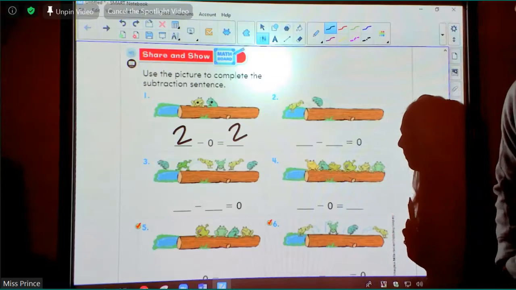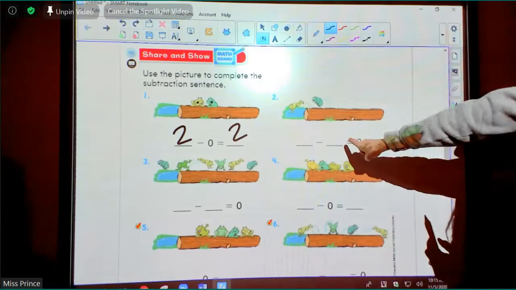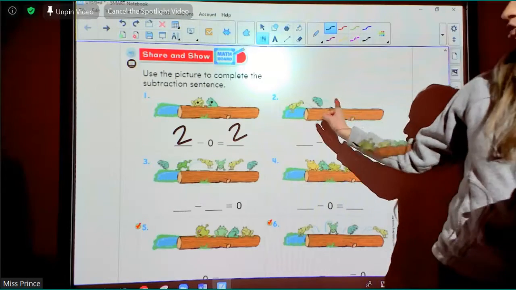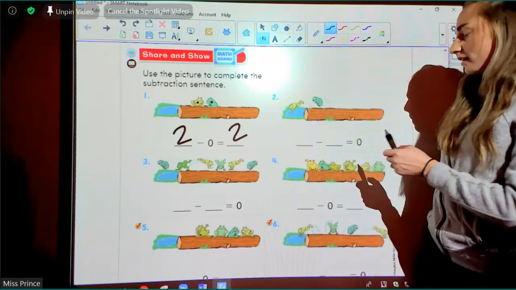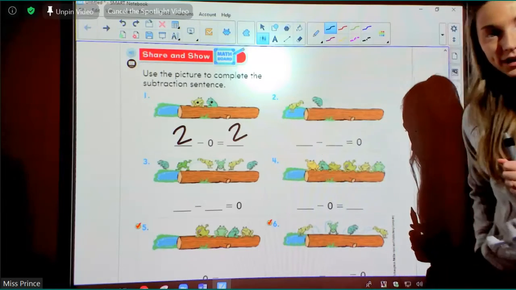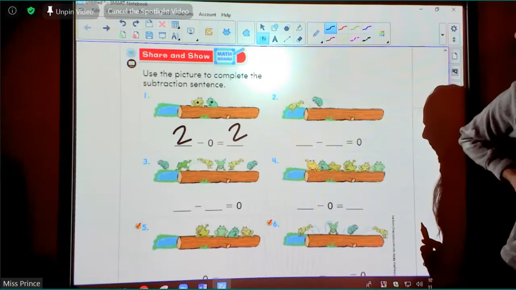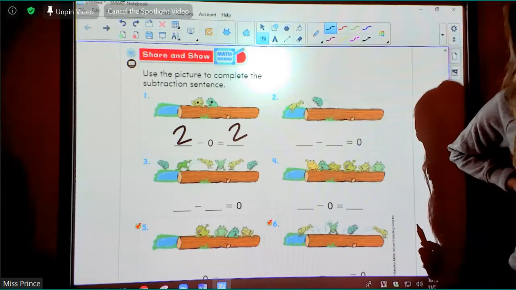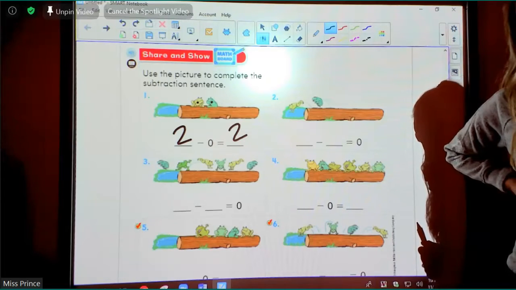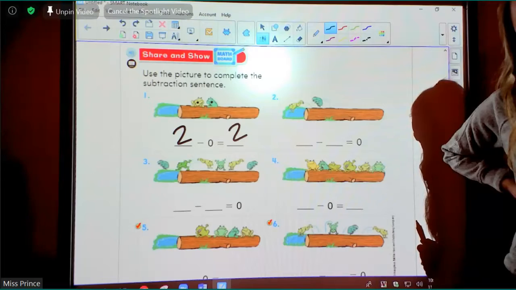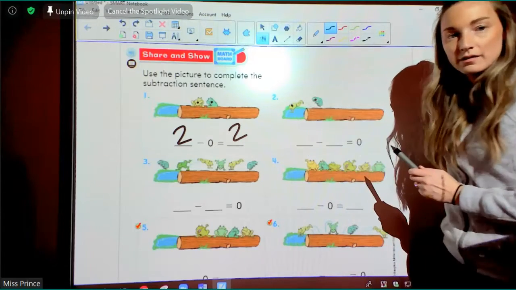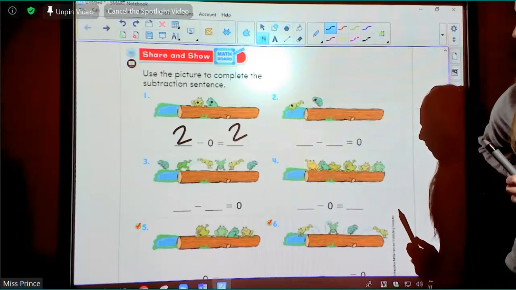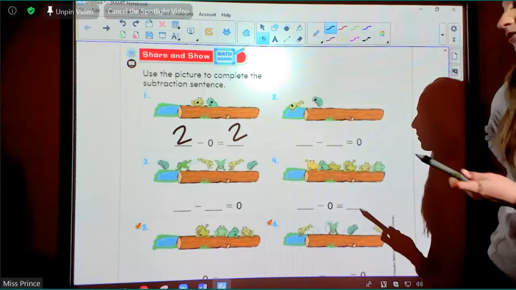All right. Let's go to the next problem. Ooh, these ones are jumping off. So, Alakai, how many frogs are jumping off right now? Look really closely. I see a frog here and a frog here. There's 2? Yep, there's 2 frogs.